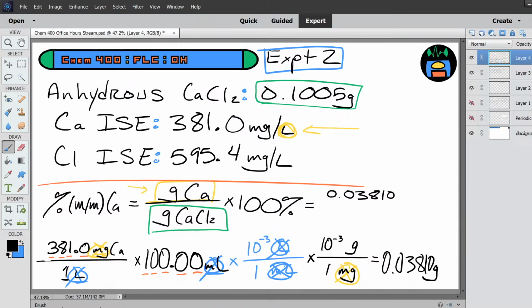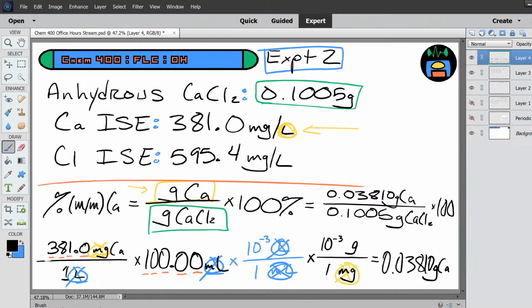So this is our mass of calcium, which goes in our numerator, over our total mass, 0.1005 grams of calcium chloride times 100.